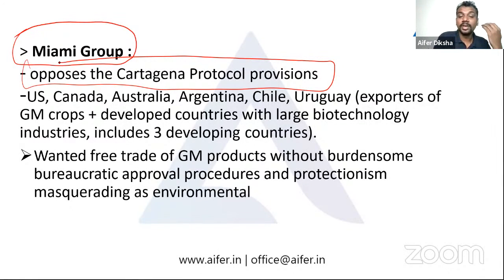Because the Cartagena Protocol puts a lot of limits and control on the transport and trade of products arising from living modified organisms, which means it has mechanisms to control improper use of BT crops, biotechnology crops, or genetically modified crops, or GM crops. The countries in the Miami Group, like the US, Canada, Australia, Argentina, Chile, and Uruguay, are the major exporters of GM crops across the world, and they get a lot of money from this. That's the reason they oppose it.